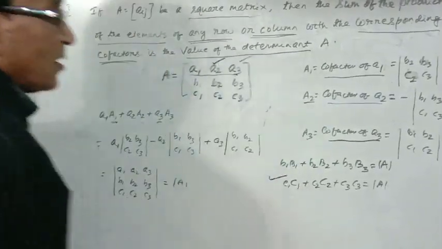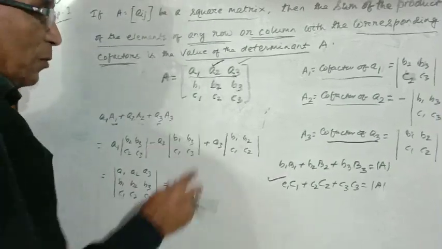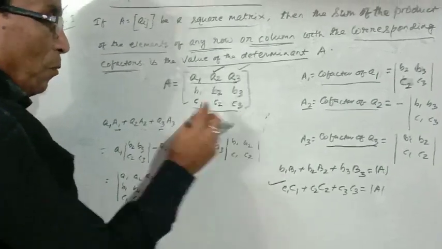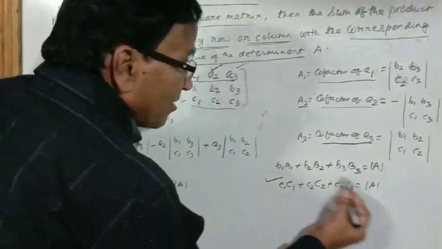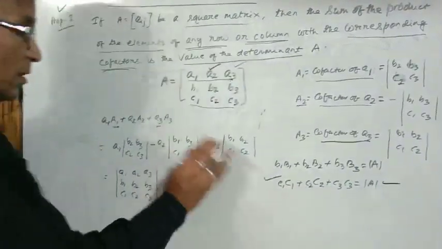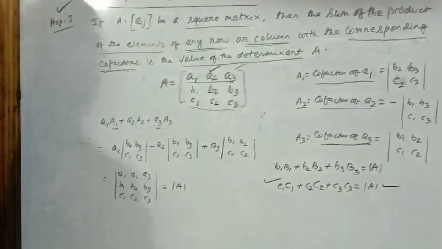So it represents the sum of the products of the elements of the third row multiplied by their corresponding cofactors, which is the determinant. So this is the first property.